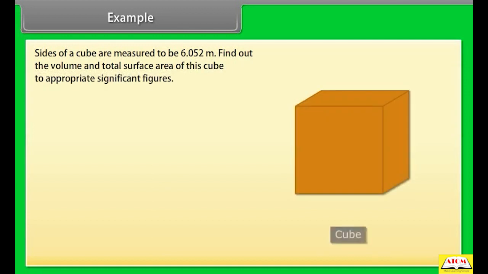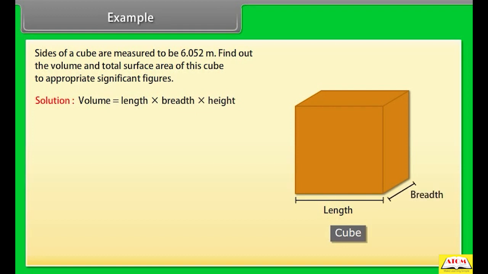Example. Let us take an example of significant figures. The sides of a cube are measured to be 6.052 meter. Find out the volume and total surface area of this cube to appropriate significant figures. Let us see the solution. Volume is equal to length into breadth into height.